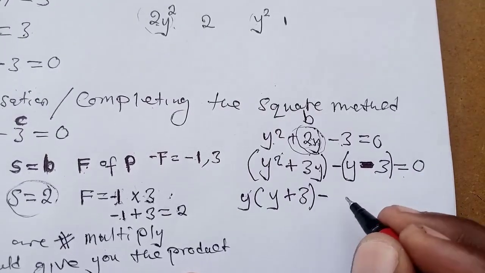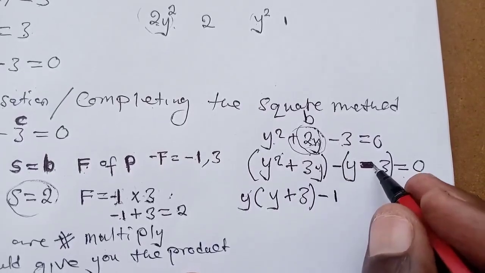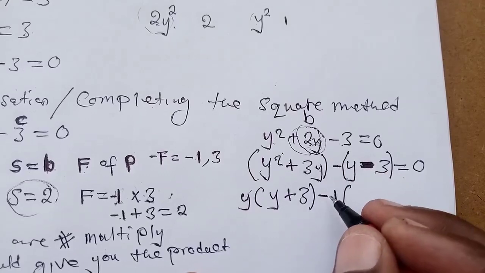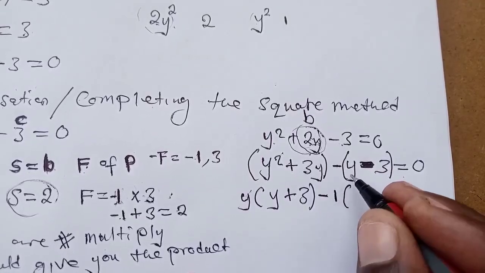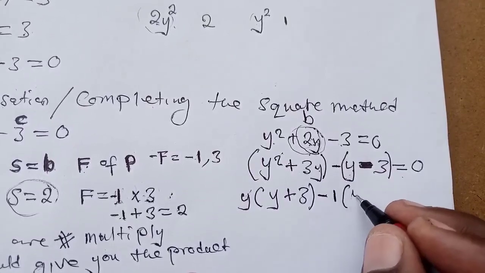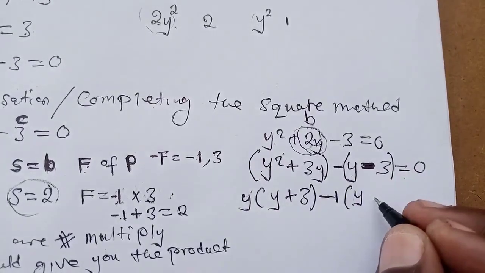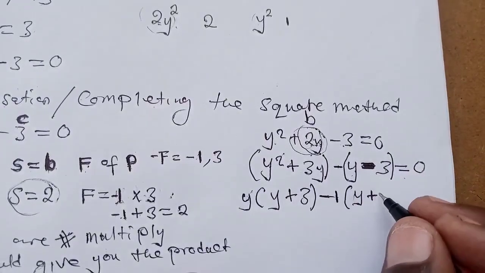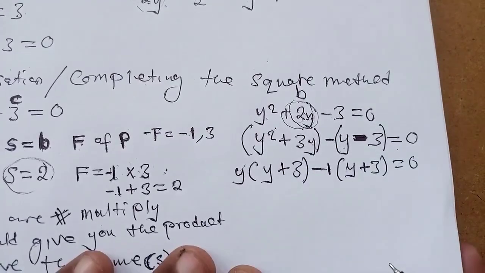Okay, so what can go in here? Negative 1. Since there is a negative here, negative divided by negative is positive. Then there will be just y here. Negative into negative is positive. Then 1 into 3 is just 3, and that is equal to 0.